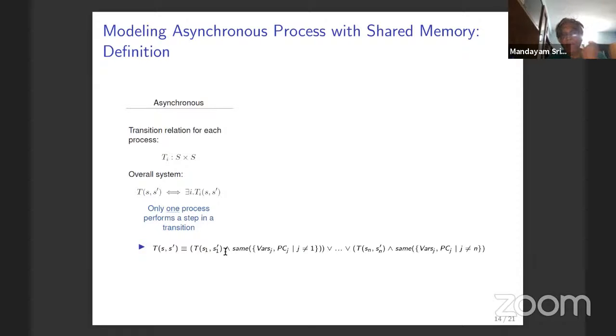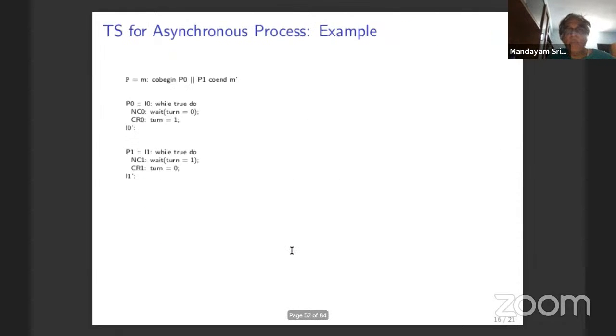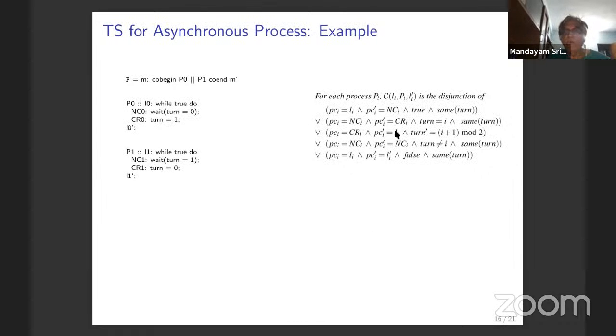You can arbitrarily pick one process and choose to advance one step of that process while keeping all the other processes idle, okay? And so all the variables corresponding to other processes, including the PC for that process, will remain the same. And that's how this thing was composed.